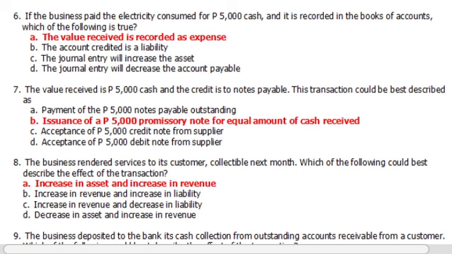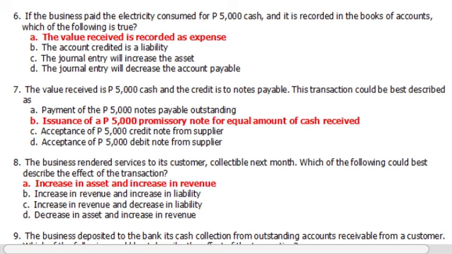Yun namang pag-deposit natin, i-debit cash in bank, deposit na natin sa bangko, and a credit to cash on hand. Nagkaroon tayo ng increase in asset and decrease in other asset.